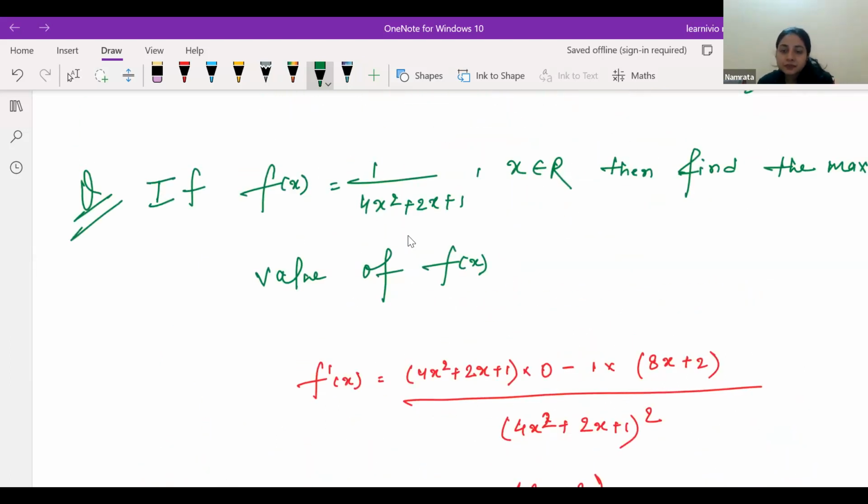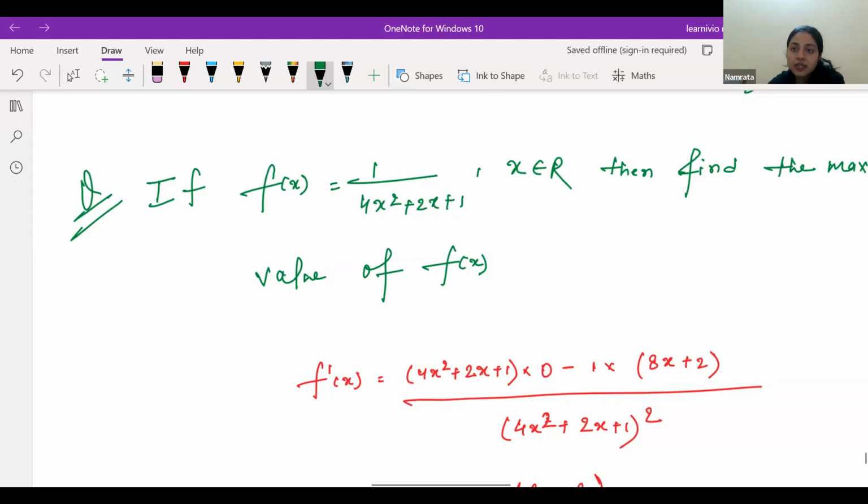Anyone? Substitute the point of maxima in f of x. Exactly. We need to find the value of the function at the point which we are saying is the point of maxima.